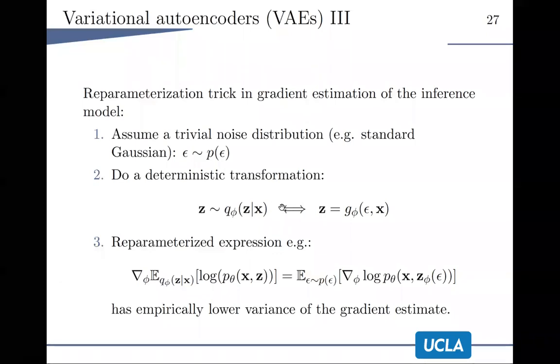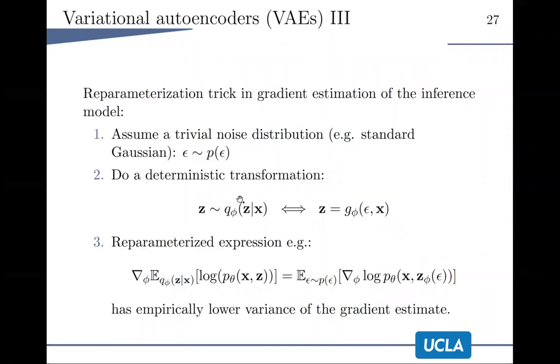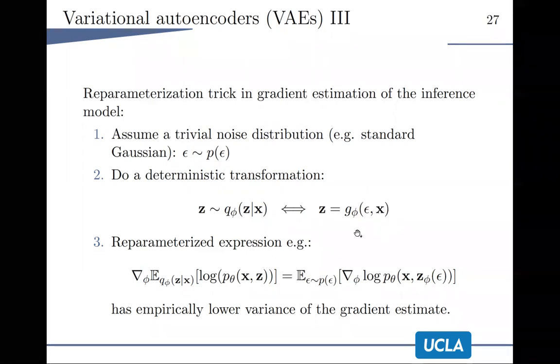We transfer the process of sampling z from q_phi(z|x) to z being a function of phi as parameters, the noise epsilon, and x. And the reparameterized expression will look like this.